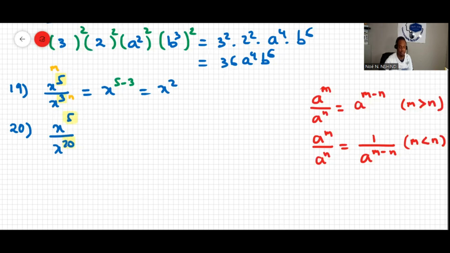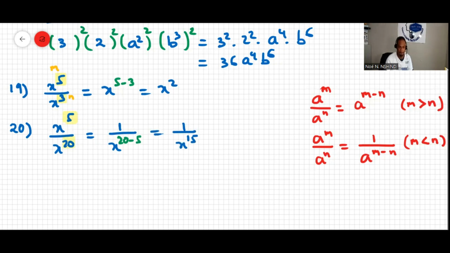So here the numerator m is lesser than n. Okay, so we're going to apply this one. Over here, the answer will just be equal to 1 over x to the power of 20 minus 5. Then this will be equal to 1 over x to the power 15.